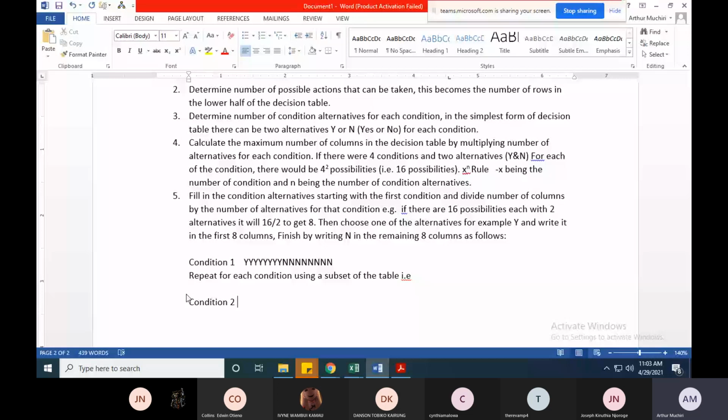You divide the number of possibilities by 2 again, so they are going to minimize. Yes will be how many? These were 8, now they are going to be 4. You divide them by 2 again, so you have 4 yeses and 4 no's, and then again 4 yeses and 4 no's.